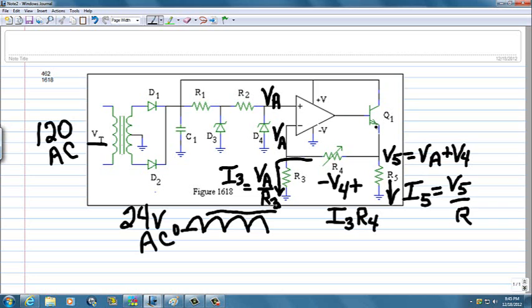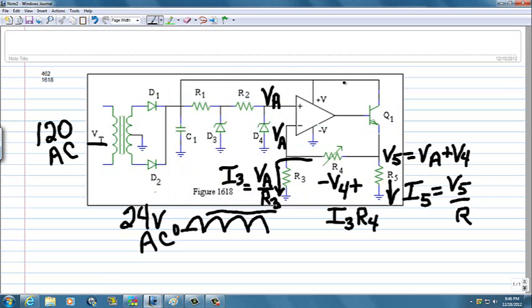But originally, all of this relatively large current is coming from the DC signal produced here. The smaller signals that drive the op-amp and drive the base of this transistor are the controlling signals.